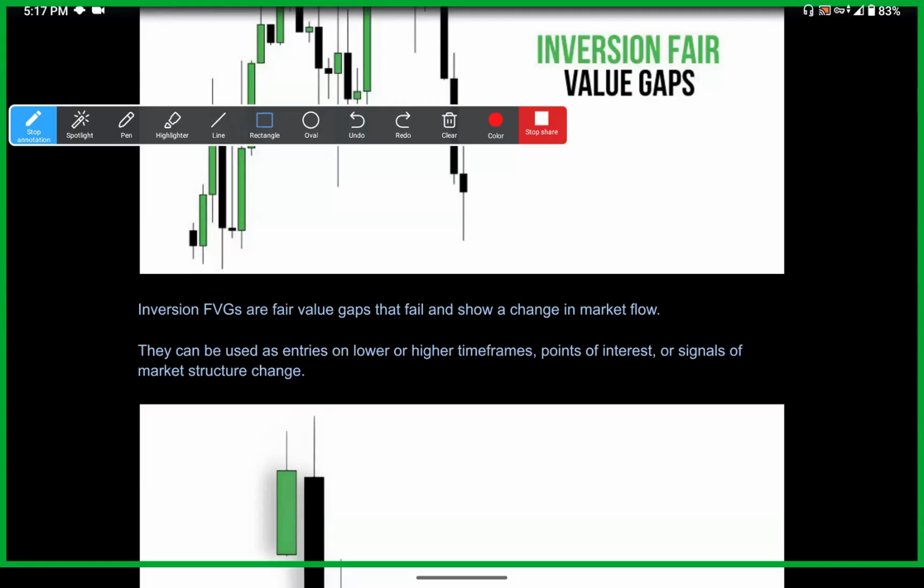It's just a fair value gap that has failed to hold. So they can be used as entries on lower or higher time frame, high point of interest, to signal market structure change.